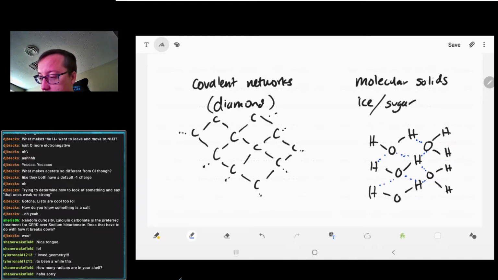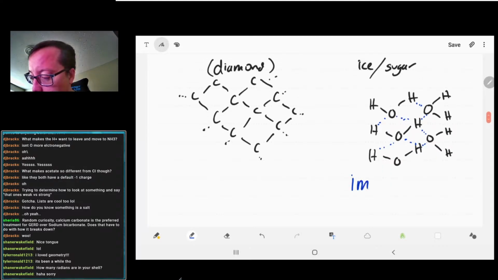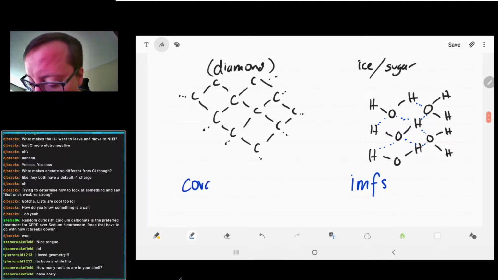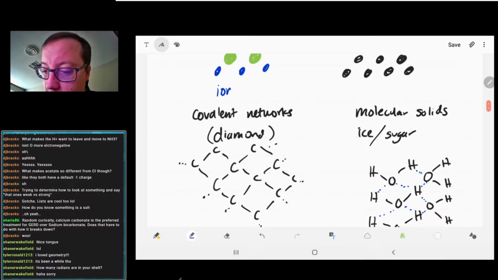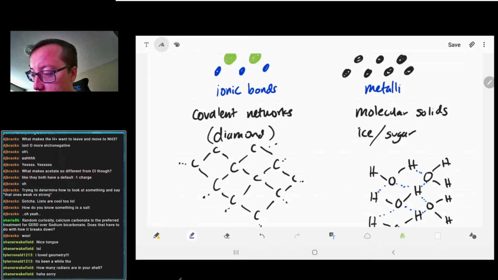But these are not full bonds, right? These are just intermolecular forces. So these ones are made of intermolecular forces. These ones are covalent bonds that hold these together. These are ionic bonds. And then for metallic, we have what are called metallic bonds.